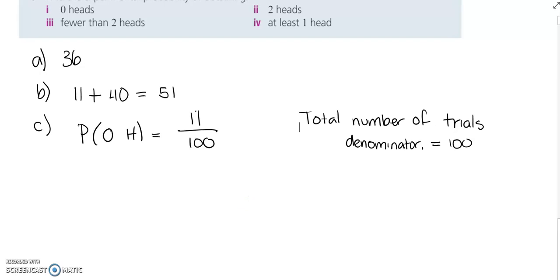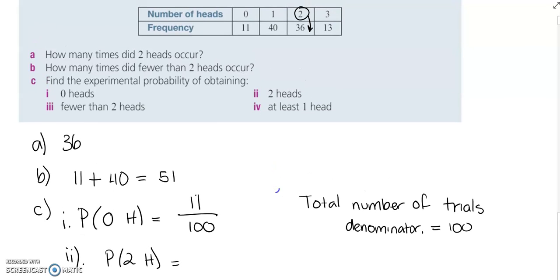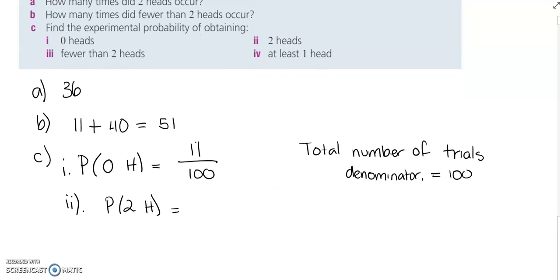For my next one, I have the probability of obtaining 2 heads. If we look back up at our table, the frequency of 2 heads was 36. So I have 36 over 100.